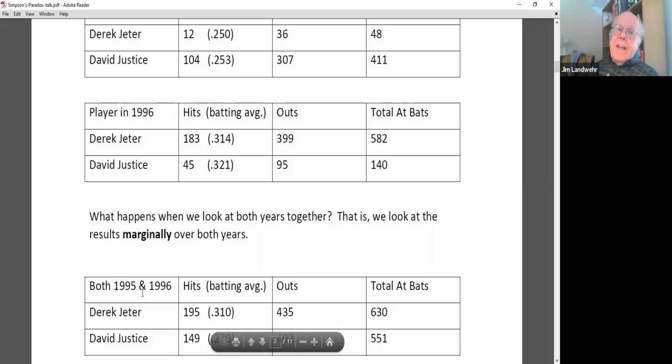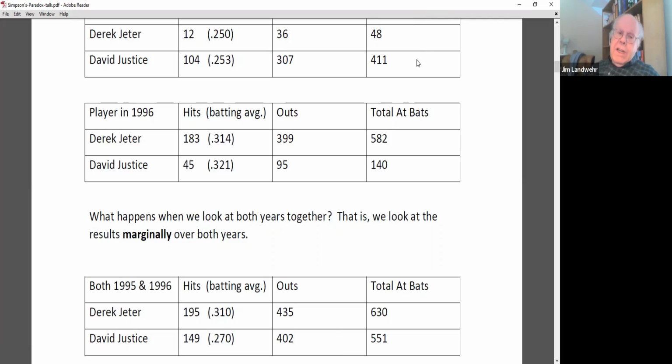So that's right. In 96, both players had higher averages, but Jeter had a lot more at bats in 96 than Justice did. And in 95, both players had lower averages, and Jeter had a lot fewer at bats than Justice did.